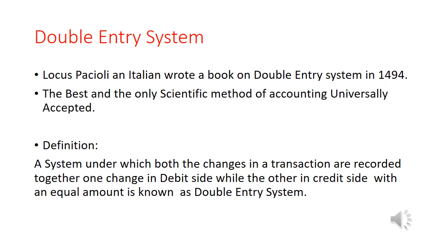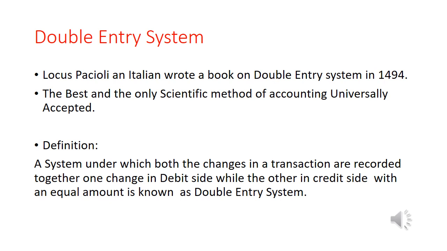It has well defined rules and principles, which are the foundation of modern accountancy. The fundamental principle of this system lies in analyzing the two changes or parties involved in business transactions and properly recording both the changes in the books of accounts.